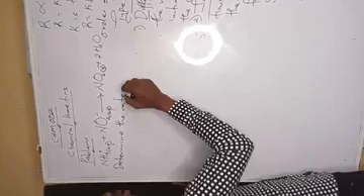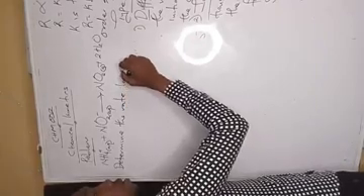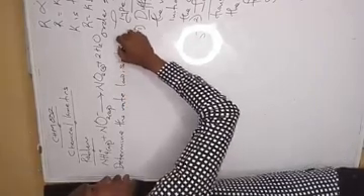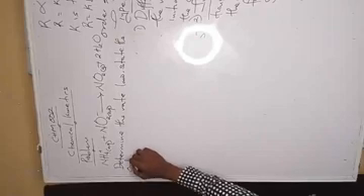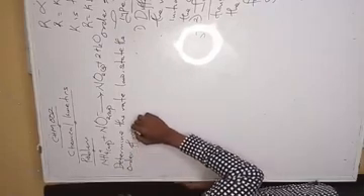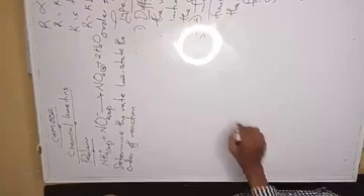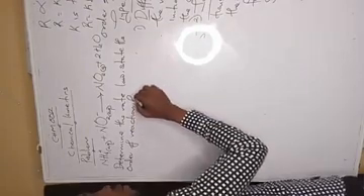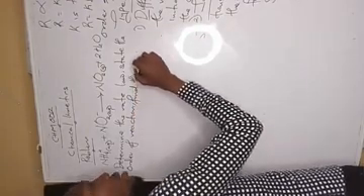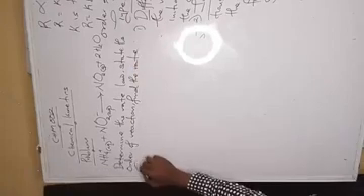That's how we want to express it. That's the rate law. Second, determine the order of reaction. And third, find the rate constant.